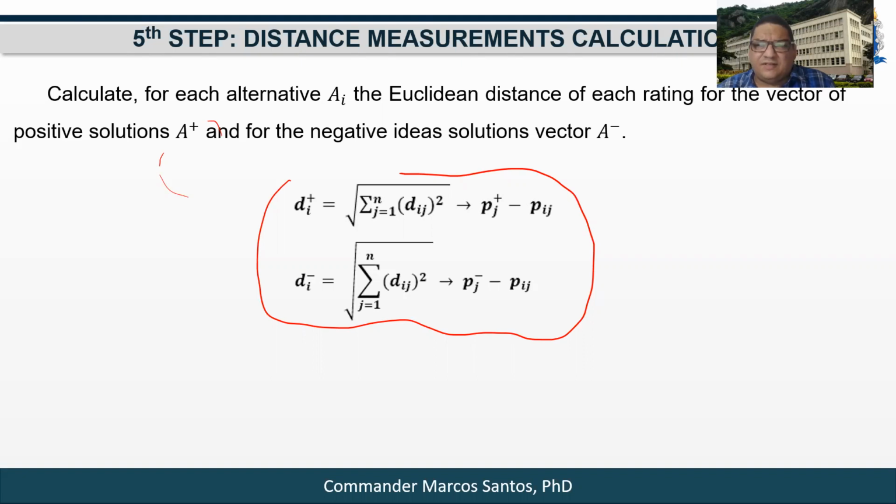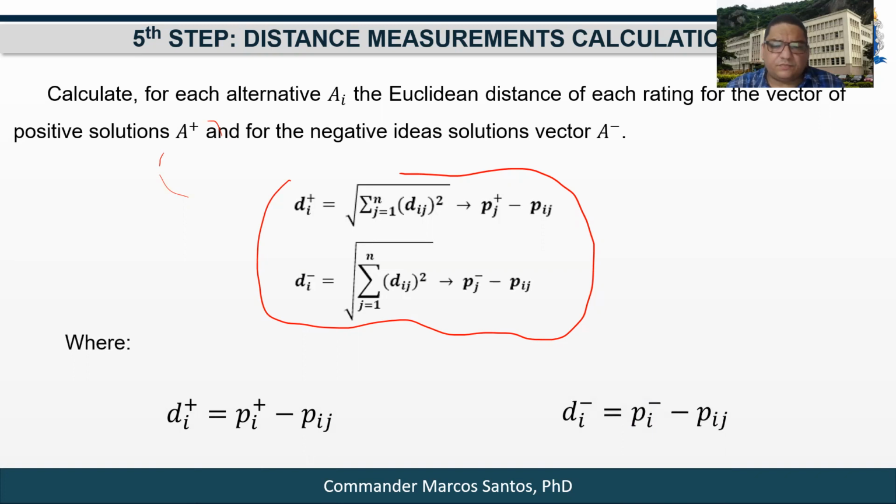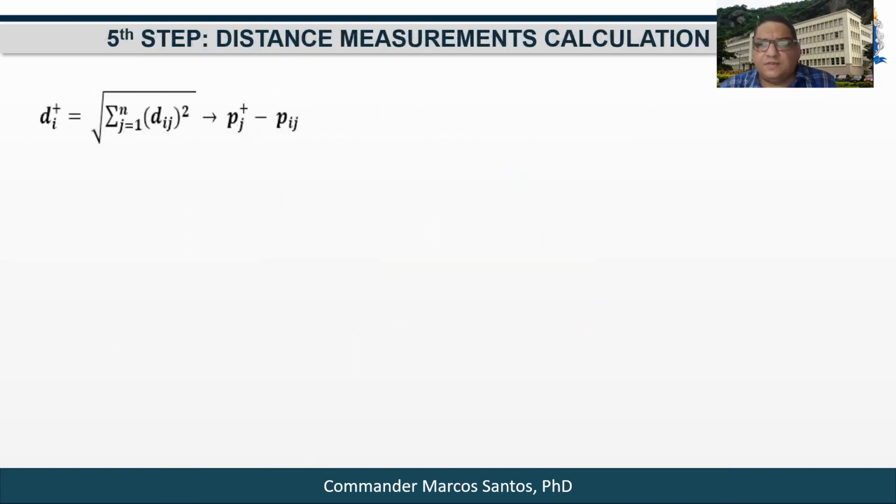It seems so hard, but I will calculate step by step, and you will see that the calculus is very, very simple. It isn't complex, it isn't hard. So let's calculate the distances. Positive distance.